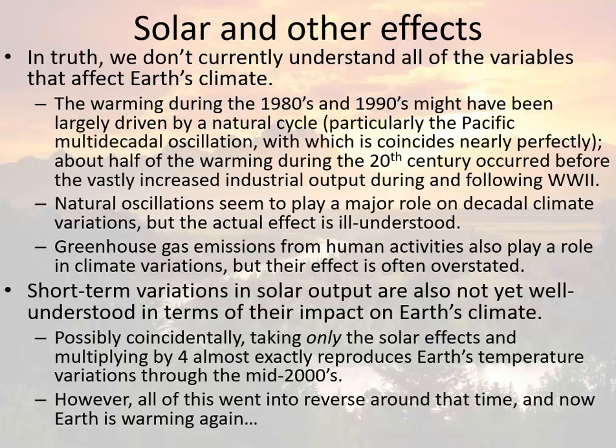Now, that's not to say that most of the warming during the latter part of the 20th century wasn't natural. It could have been completely natural, or almost completely natural, with only a small effect due to human activities. But it's difficult to maintain that that is the case right now when those known forcing effects have gone into reverse.